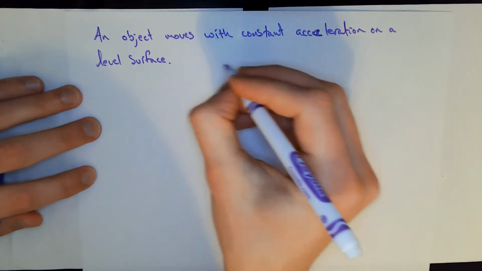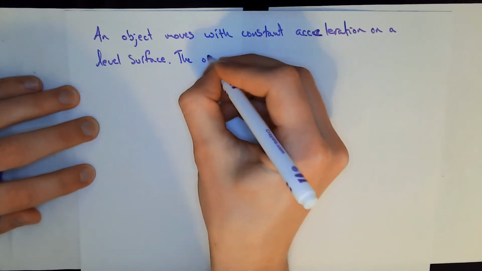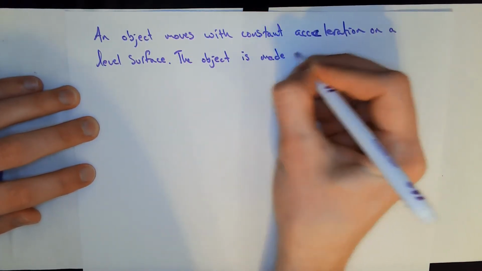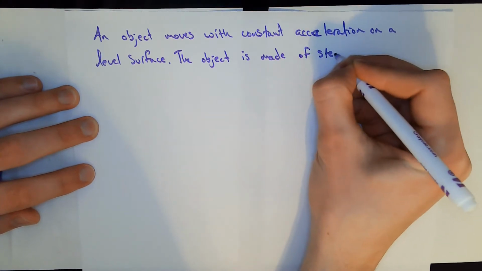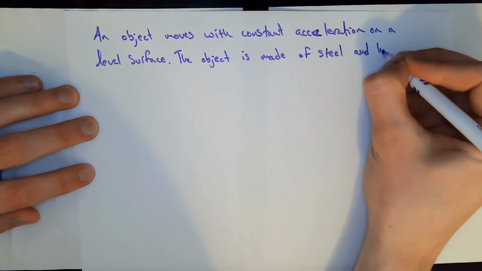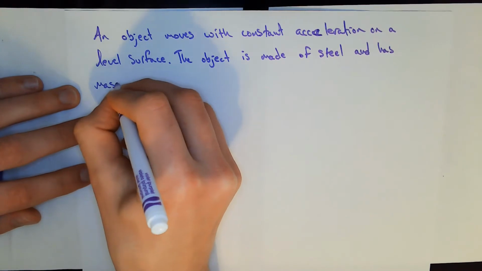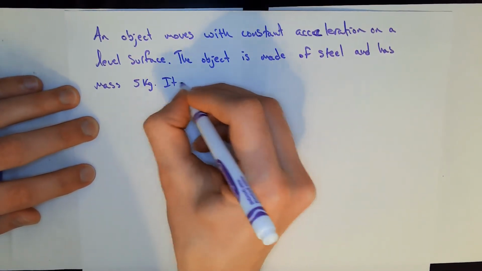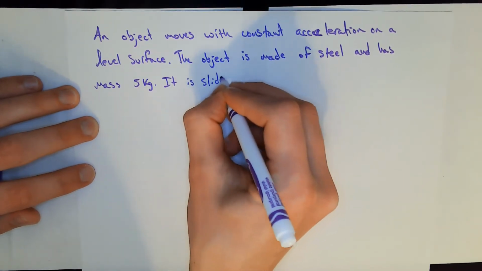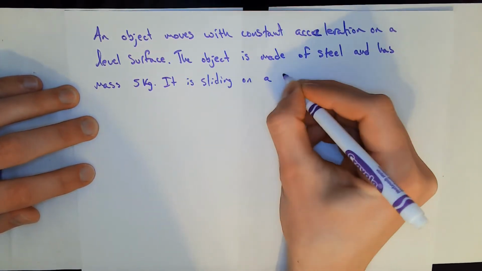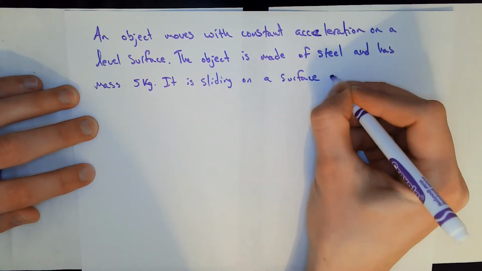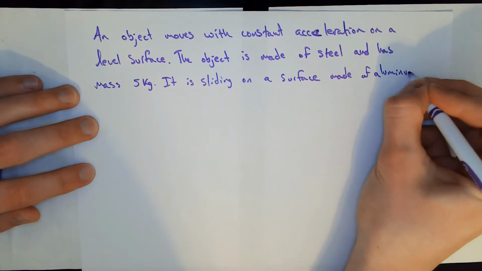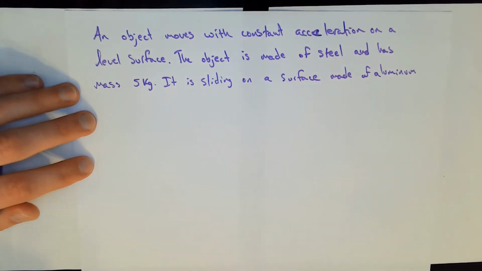Okay, let's see, what else can I say? The object is made of steel and has mass 5 kilograms. It is sliding on a surface made of aluminum.